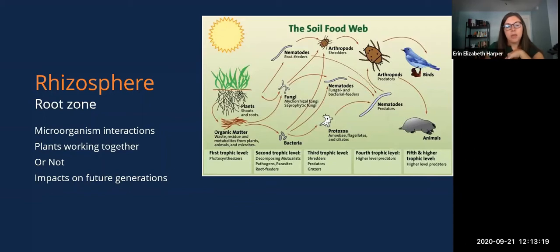Same thing if it's being attacked by a bacteria or a fungus on its leaves, but this also happens in the root zone, and it can potentially send out signals that will attract other microorganisms to come rescue it, sort of. So if it's being eaten or there's a fungus attacking it, it can send out signals to bring in the parasitic microorganism that'll come attack that other thing and leave the plant alone.